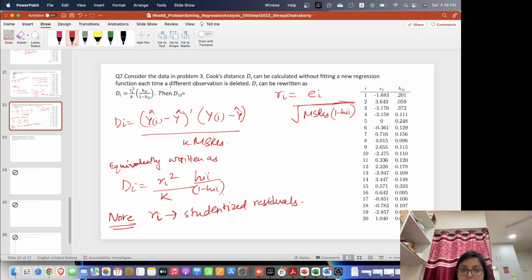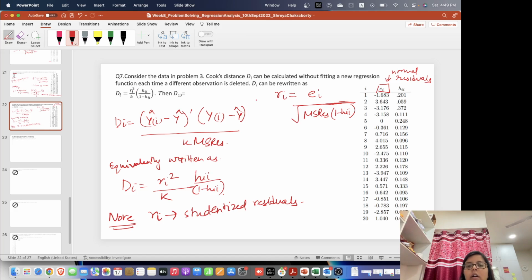The expression is given in terms of ri, but in the data we have been given the ei, that is the normal residuals. If we just put ei values in ri, we would get totally wrong answers. That is the reason we should always be careful. If it is not mentioned what ri means, we would always assume ri to be a studentized residual.